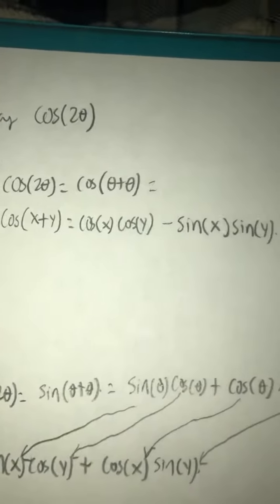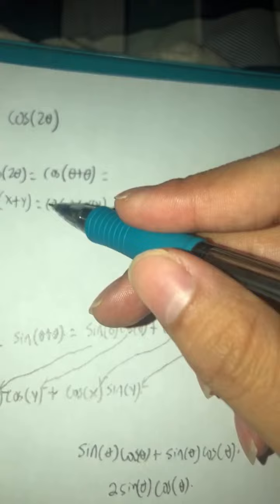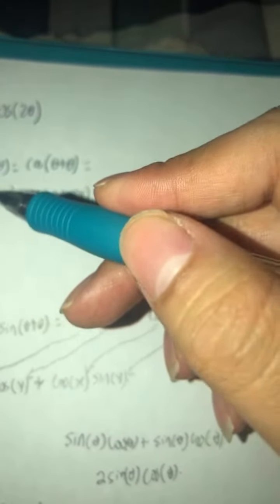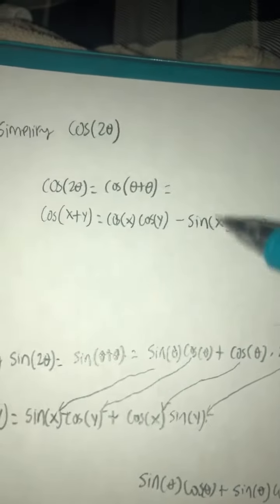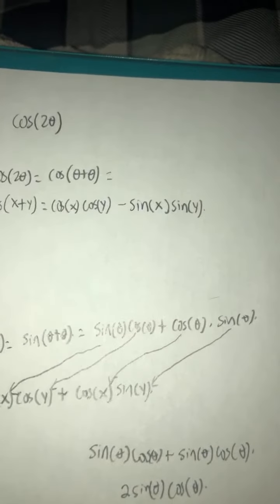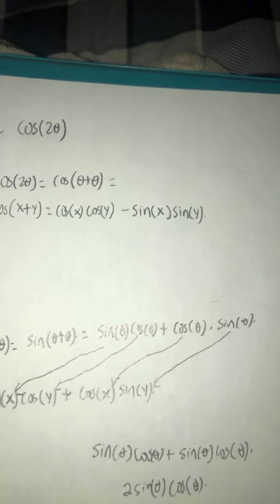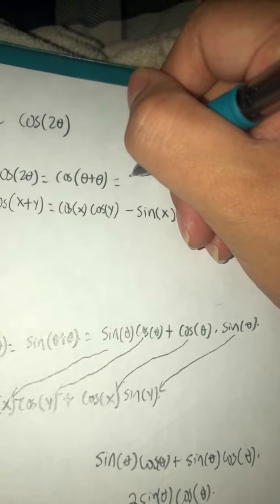Now what about cosine of 2 theta, right? I'm not really 100% sure how to prove this, but we know that this is true for cosine of x plus y, right? Now, the way that you do this is you do the exact same thing.